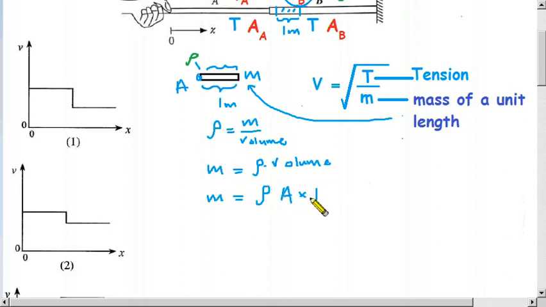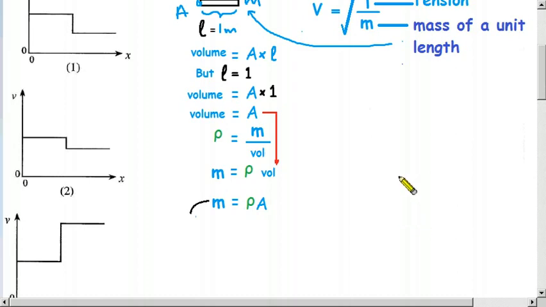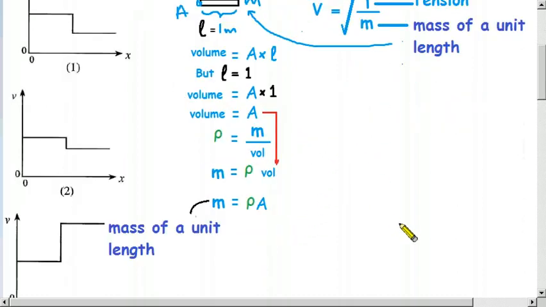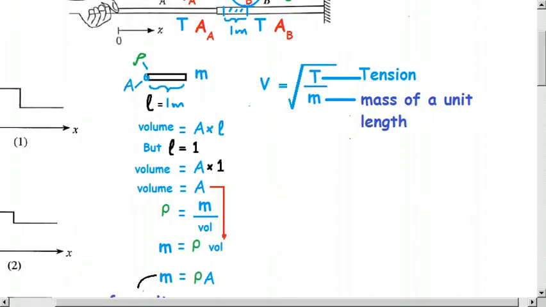It is just rho times A. So this one is the mass. Now we know the mass of unit length is this value, rho times A.